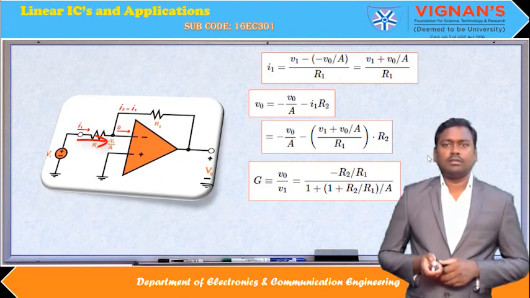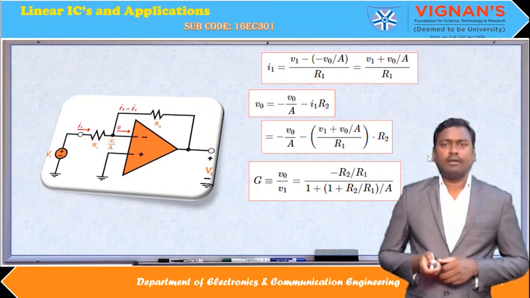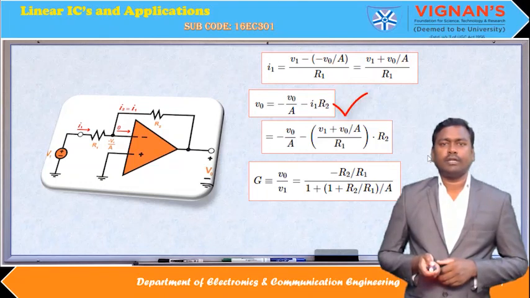So I1, the current in R1, can be written as V1 minus of minus V0 by A, divided by R1. The same current is flowing in R2 also. Why? Because the op-amp doesn't take any current. Then V0 equal to minus V0 by A minus I1 R2.